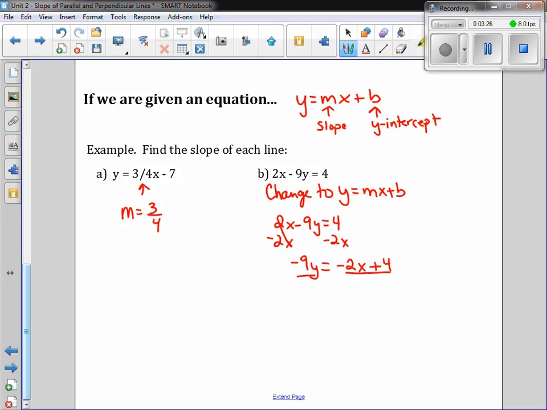We divide everything by negative 9, and we have that y is equal to negative 2 negative 9th x plus 4 over negative 9. We don't want to leave the double negatives, so we're going to rewrite this as y equals 2/9 x minus 4/9, and we know that our slope is equal to 2/9.